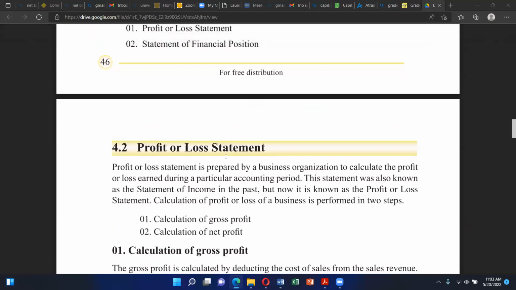This shows the performance of a given business entity for a given period.